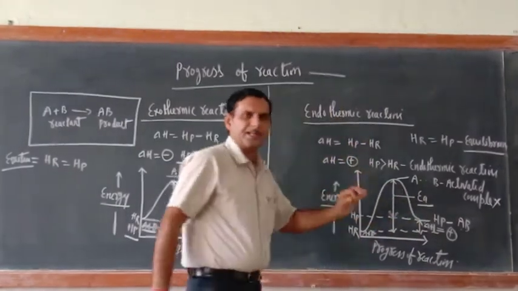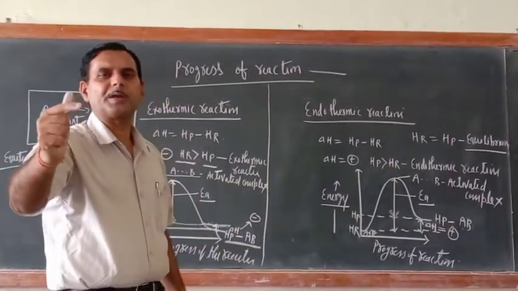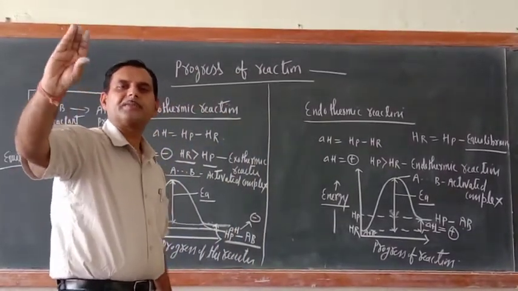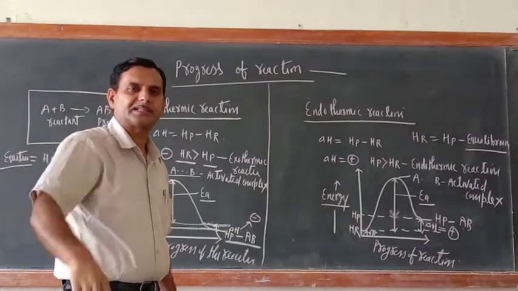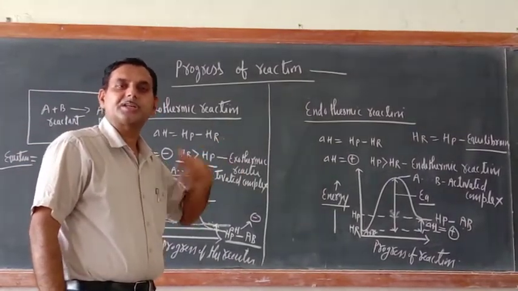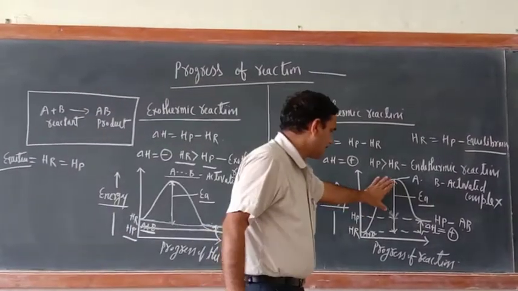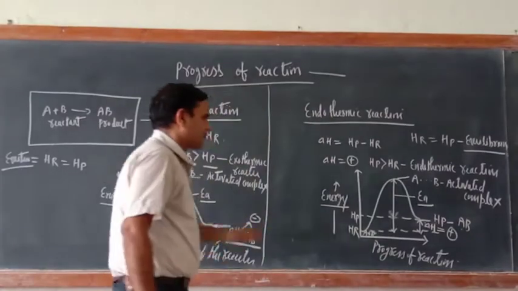So in a nutshell, for an exothermic reaction, the activation energy required is less. For endothermic reaction, the activation energy required is more. It is very clear with the help of this graph.